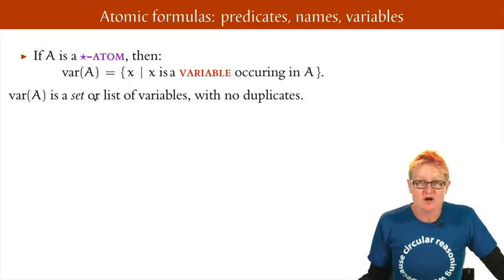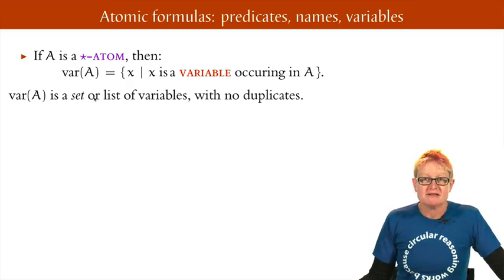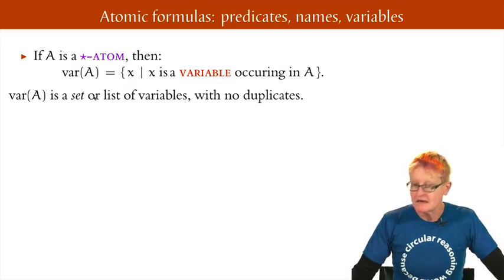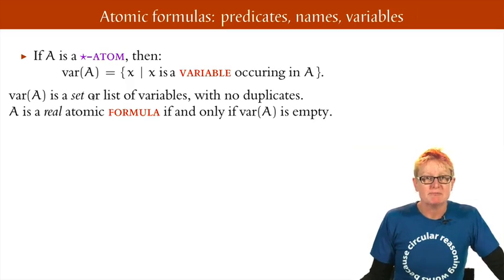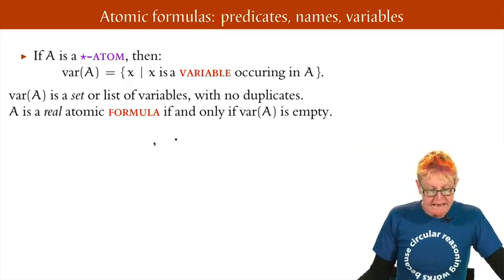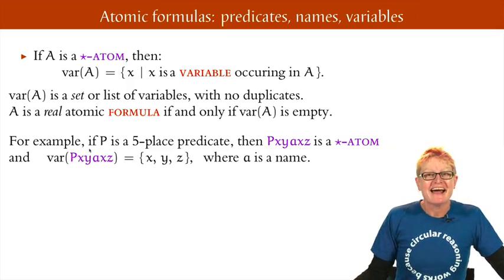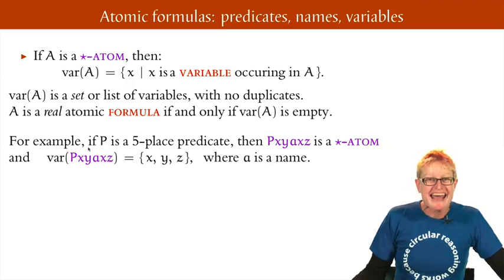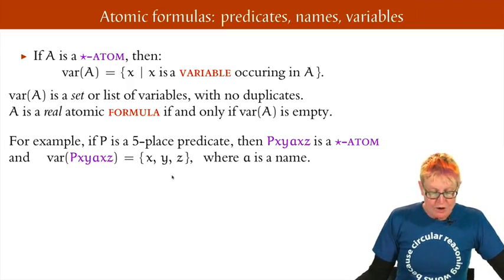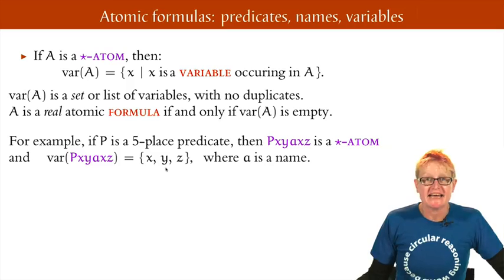A real atomic formula is a star atom A such that var of A is empty. For a concrete example, let P be a 5-place predicate. Then P(X, Y, A, X, Z) is a star atom and its variables are X, Y and Z, taking A as a name.